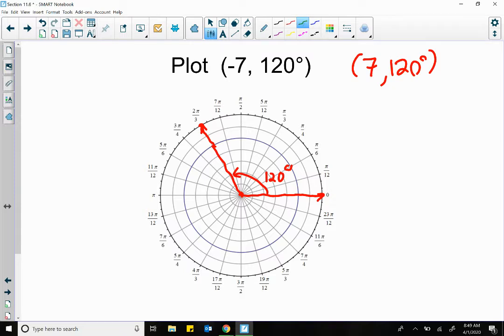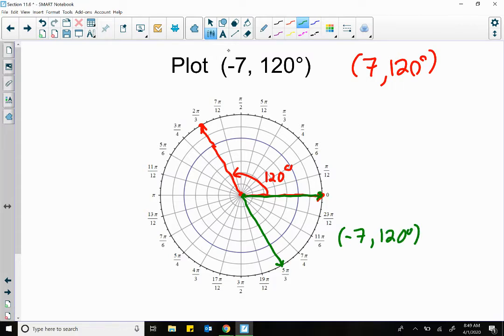But how do I deal with the negative? That's why we talked about vectors first. With vectors, remember an opposite vector just flips it across from it. So this picture that you see right here, that I'm going to highlight in green, is the true polar coordinate picture of -7, 120 degrees.